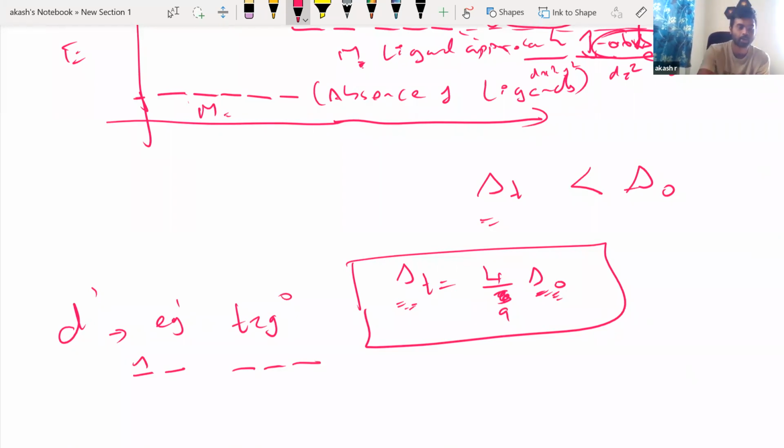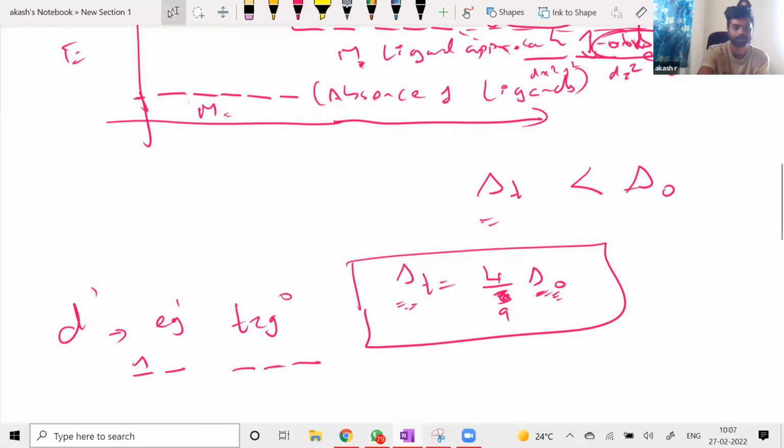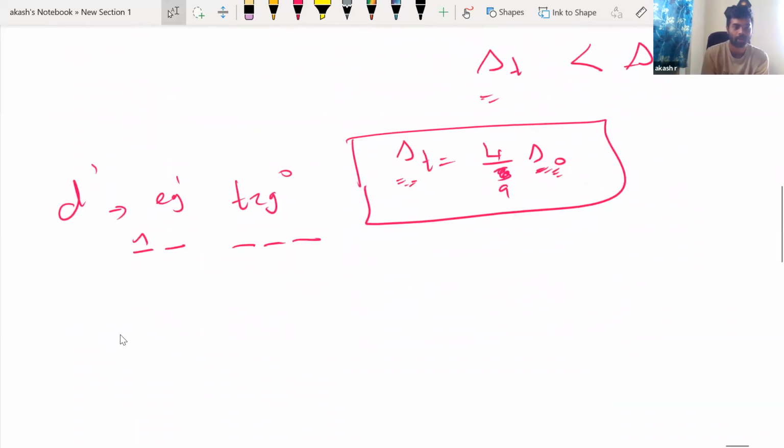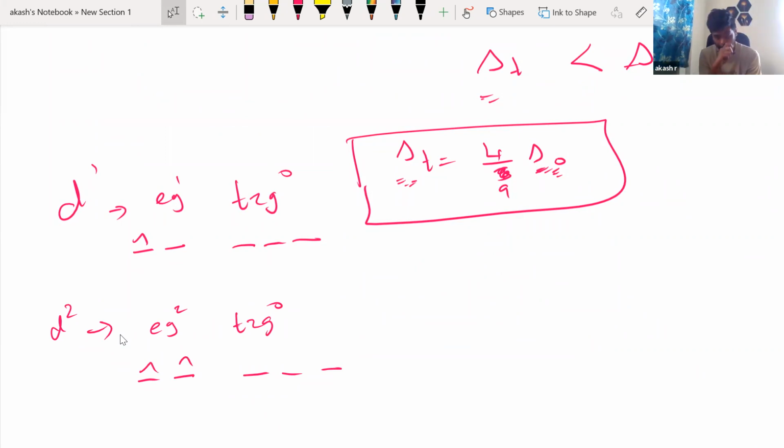When I go to d2 configuration, we have e_g2, t2g0. 1, 2, done. Great. Now, when I go to d3, again we'll have a problem.